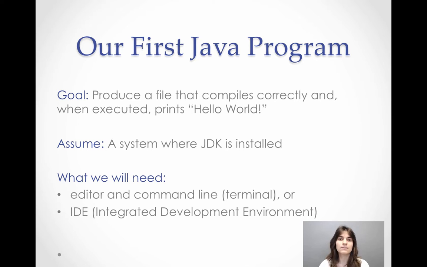And for this reason, being able to write a program from the terminal, for example, create a .java file, and also compile and execute that file is very important. It's a skill that you need to know. So we will start with this mode, an editor and the terminal, and we will switch later to the IDE.